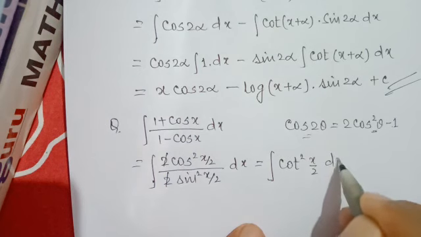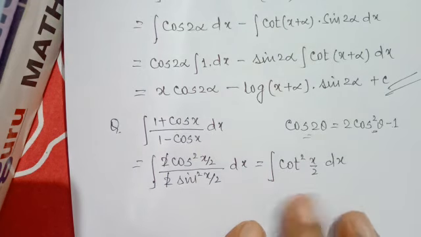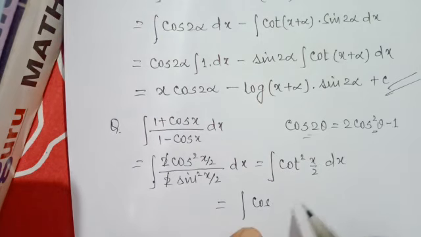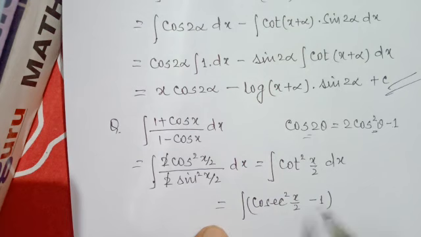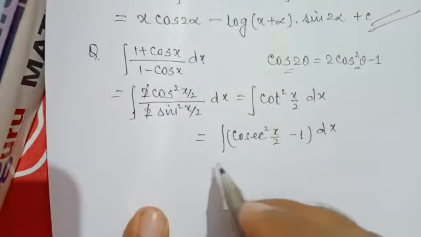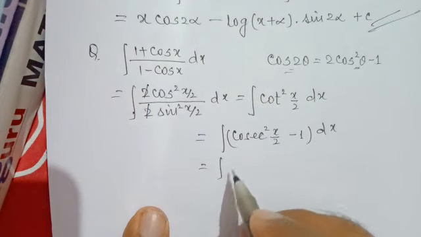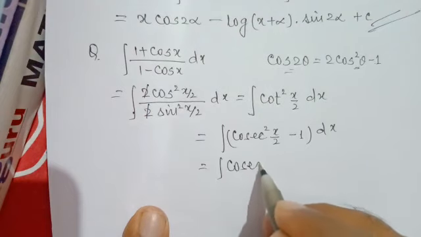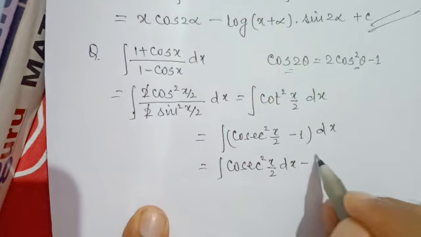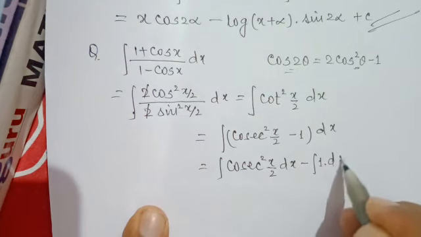But there is no direct integration of cot square, so convert it into cosec square theta minus 1 form, that is cosec square(x by 2) minus 1 into dx. Now separate it, means cosec square(x by 2) dx minus 1 dx.